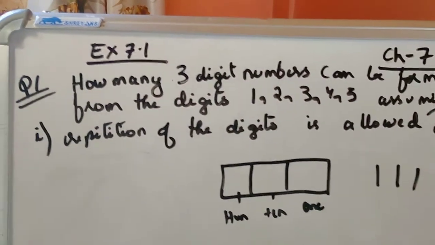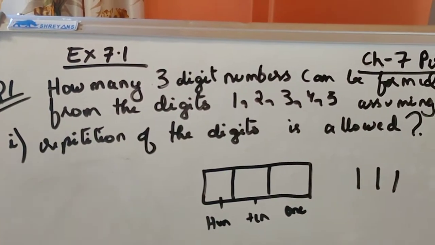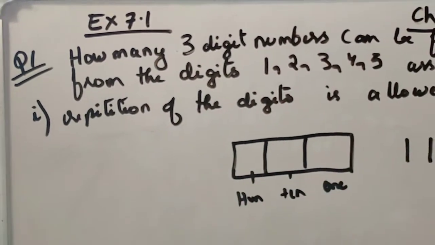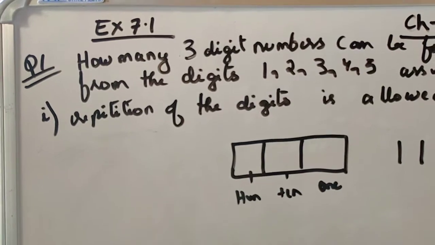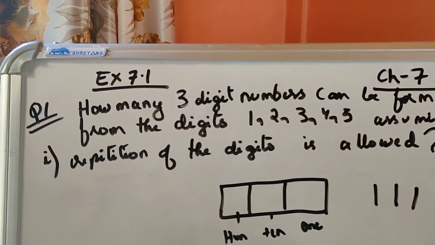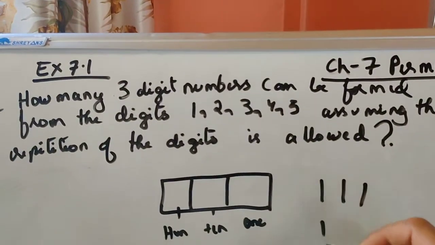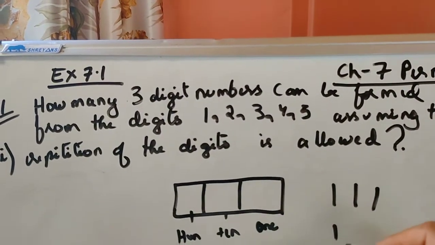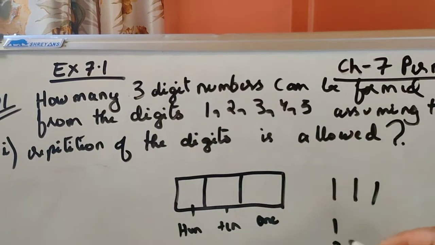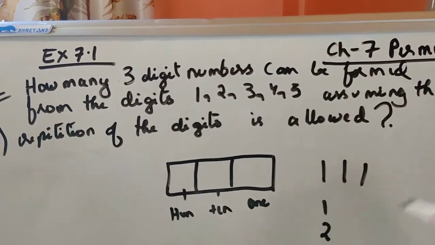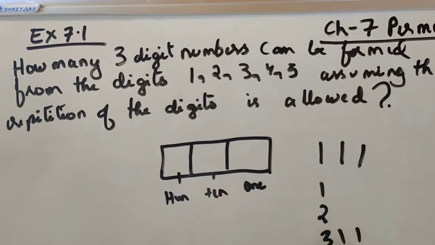Now we have to find how many 3-digit numbers can be formed. Now for the first place, that is the 100's place, how many options will you be left with to form it? You can start a 3-digit number with 1, or with 2, 3, 311 or 333, anything, 4 and 5.